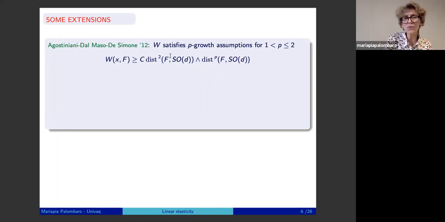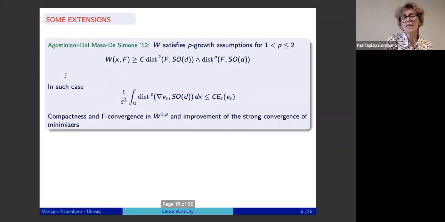And this kind of growth arises now naturally in various applications, for example, when there are dislocations. In presence of dislocations, which are defects of the materials, the gradient of the deformation is not in L2, and then one has to work with densities that grow slower than quadratic when close to the dislocation.